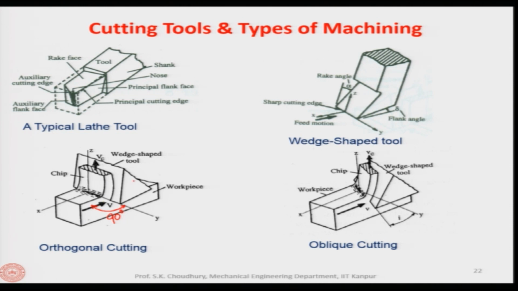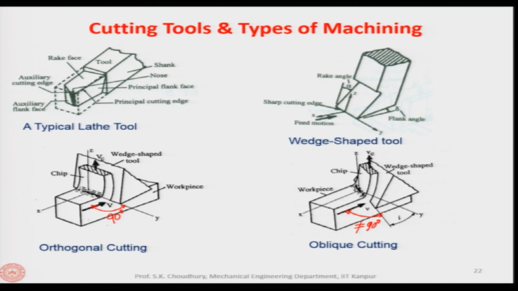So, this is the orthogonal cutting, and in the case of oblique cutting the tool is inclined, as you can see, and here the angle between the cutting velocity vector and the cutting edge no longer remains 90 degrees. This is not 90 degrees. So, the tool is inclined.